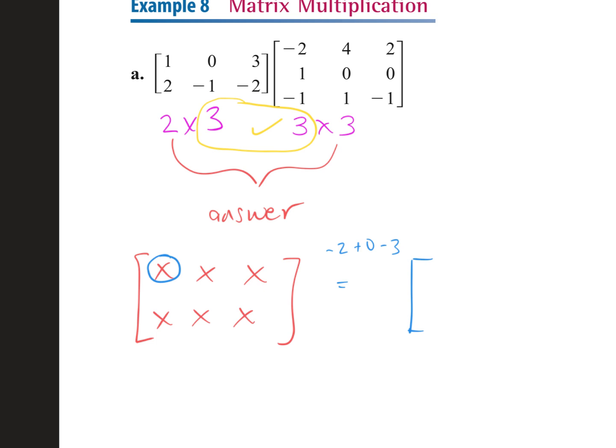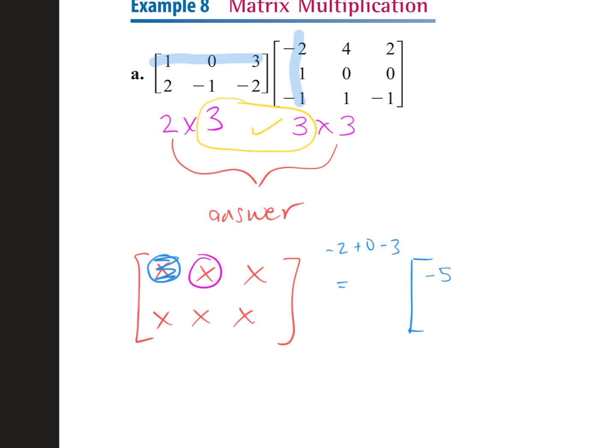Did I do that right? Guys, first row, first column, 1 times -2, -2, 0 times 1, and then 3 times -1. So when I add those together, what do I get? What's -2 plus 0 plus -3? -5, okay? Got that one done.